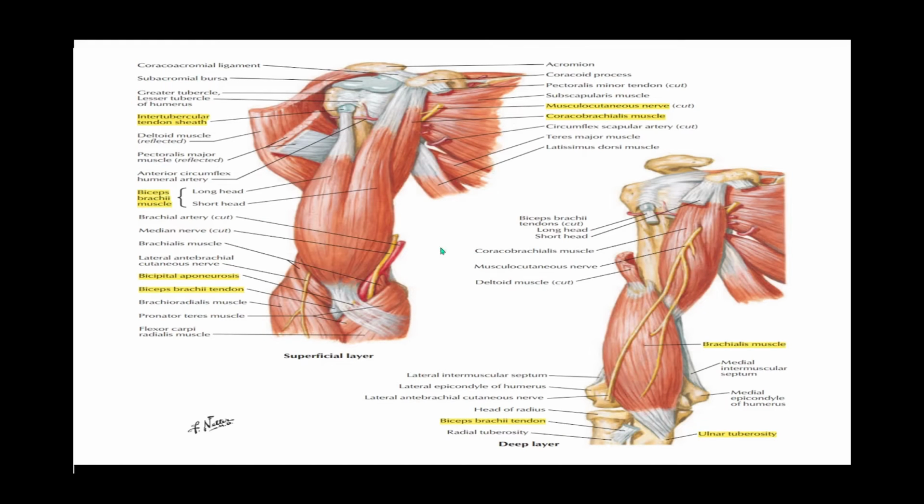As we said, via the bicipital aponeurosis, it blends with the deep fascia of the forearm, which overlies the flexor carpi radialis and the pronator teres.